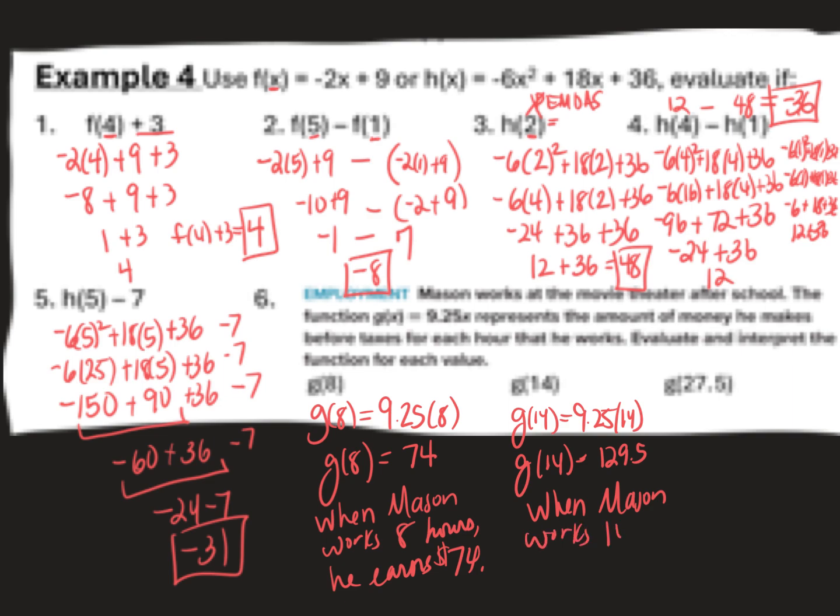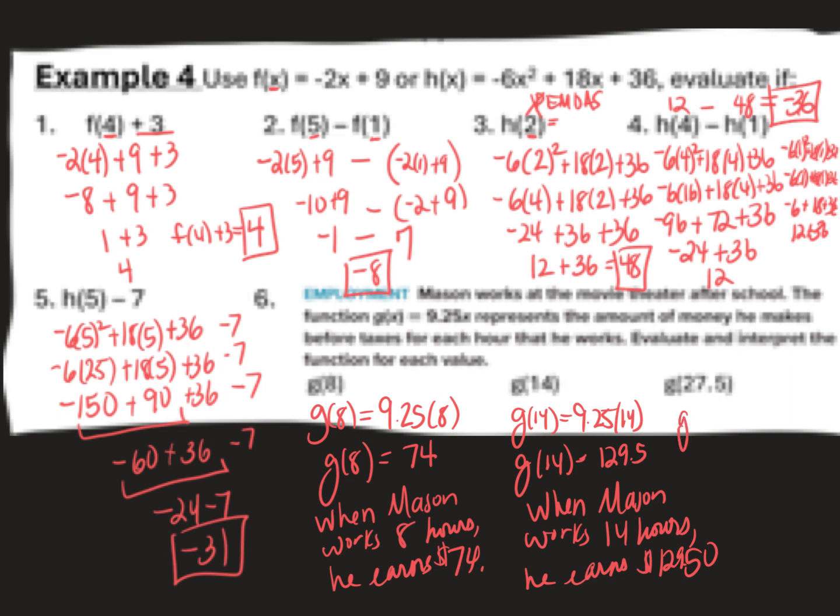When Mason works 14 hours, he earns $129.50. And then g of 27.5. Of course, all of these are before taxes.